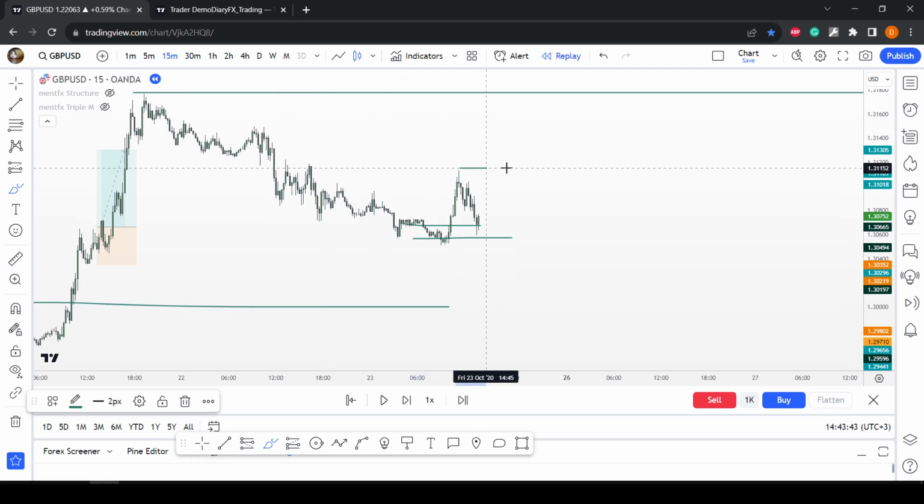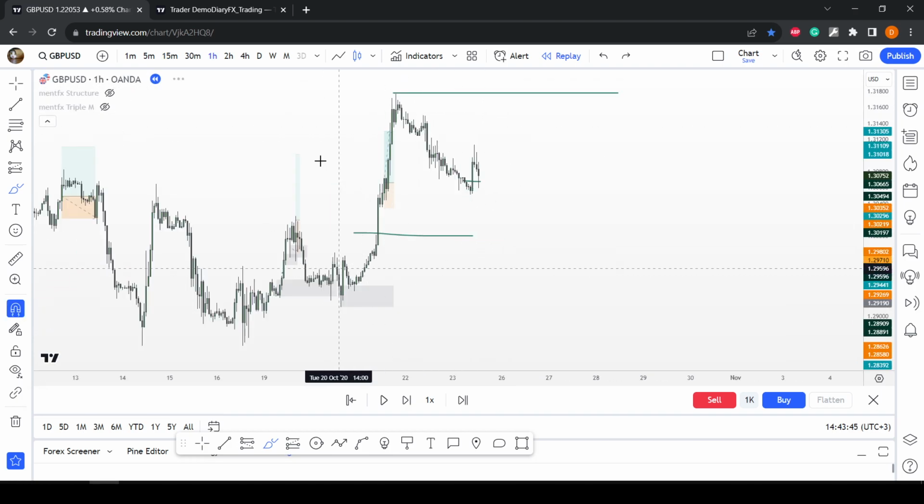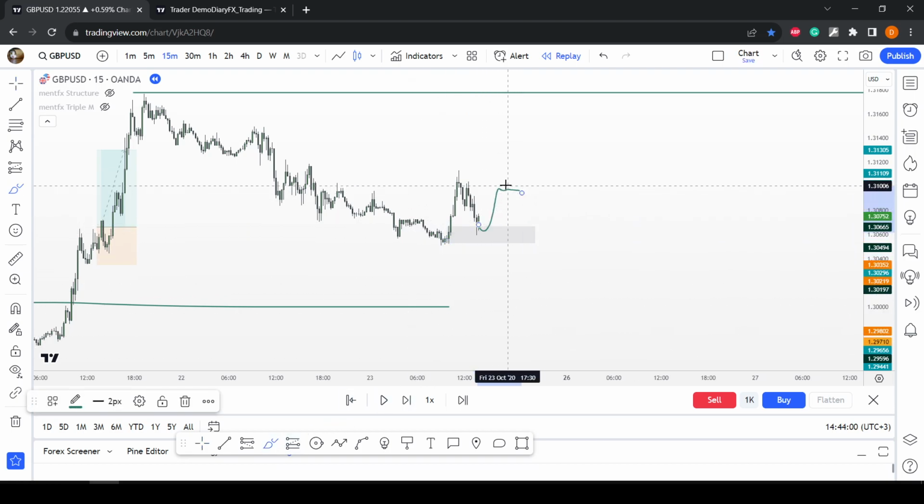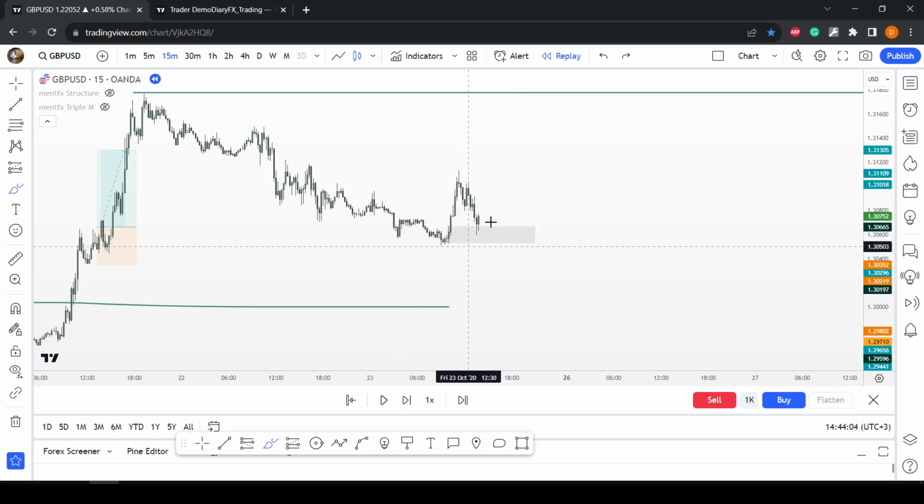You know what? If we break again, this is what is nice about this strategy, about this variation of entries: you basically don't need to enter here. You need to wait either for this and then enter here or here, or you just skip it.